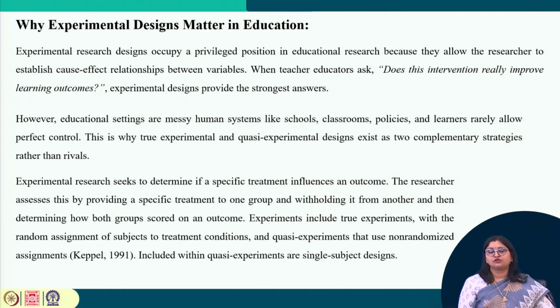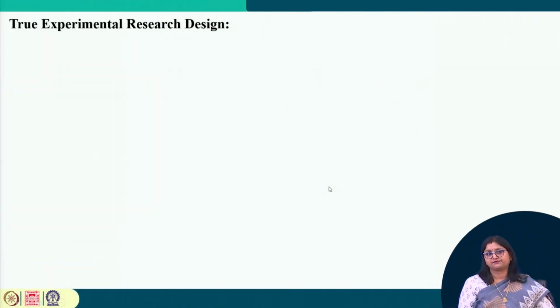Experiments include true experiments with random assignment of subjects to treatment conditions, and quasi-experiments that use non-randomized assignment, as said by Cappel in 1991. Included within quasi-experiments are single-subject designs.